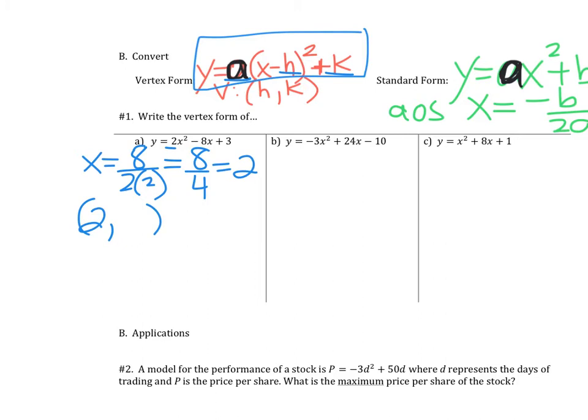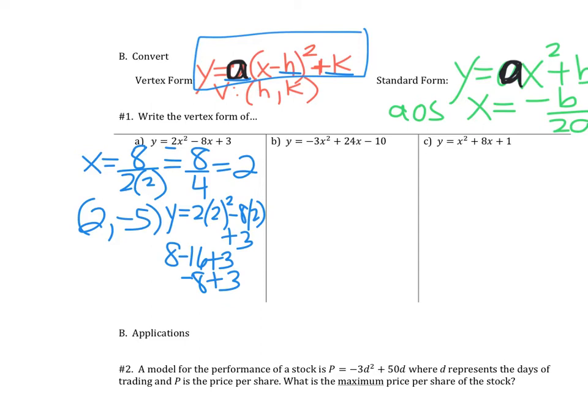Now to find the k, you plug it in. Y equals 2 times 2 squared minus 8 times 2 plus 3. Plug it into the standard form of your parabola, and let's find out what y equals when x is 2. All right, don't forget to square the 2 first, so you get 4 times 2 is 8, minus 16 plus 3. 8 minus 16 is negative 8, plus 3 is negative 5.